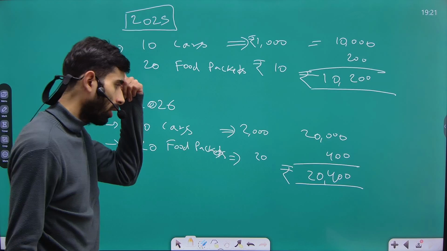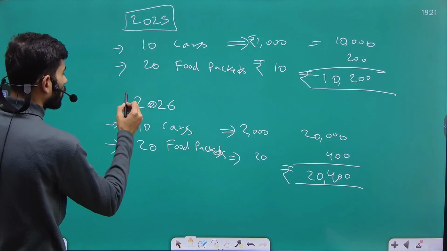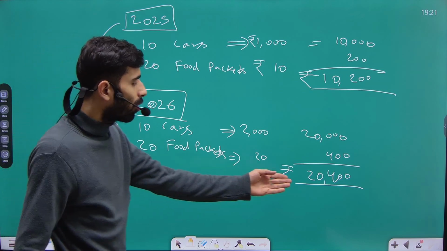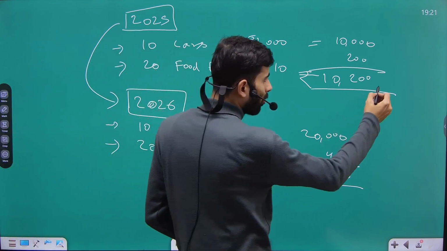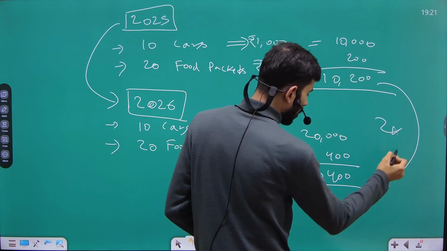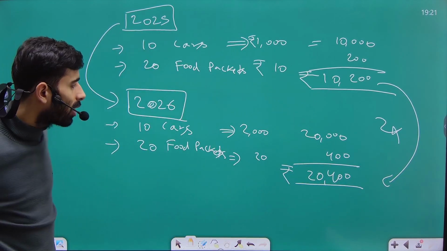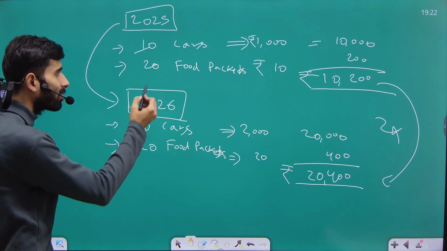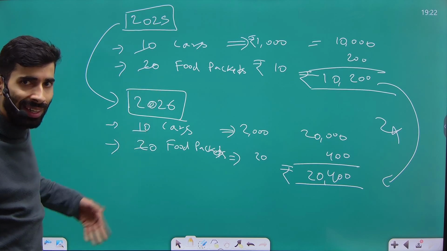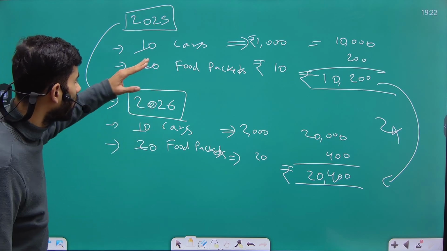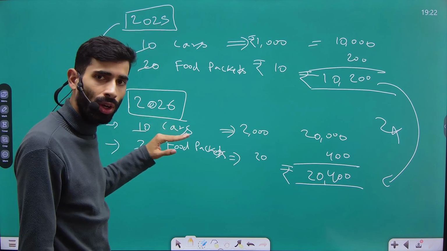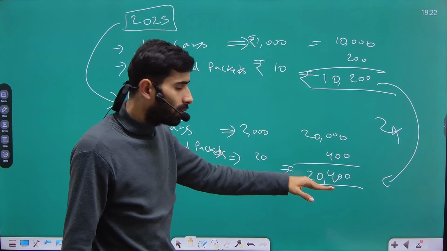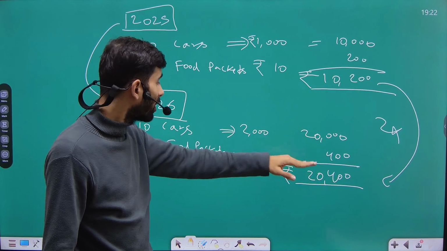So in monetary terms, it may look like from year 2025 to year 2026, the GDP of this economy has doubled from 10,200 to 20,400, which is very misleading, because in real terms we are still producing 10 cars and 20 food packets. So in terms of physical goods and services, the economy in year 2025 is equivalent to the economy in year 2026. But in monetary terms, it looks like GDP doubles.